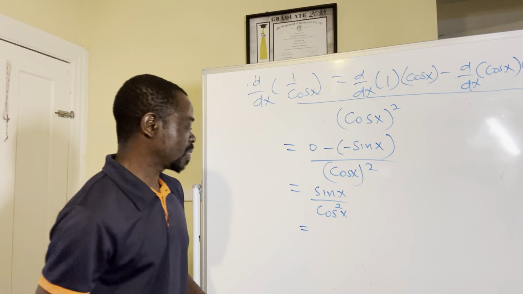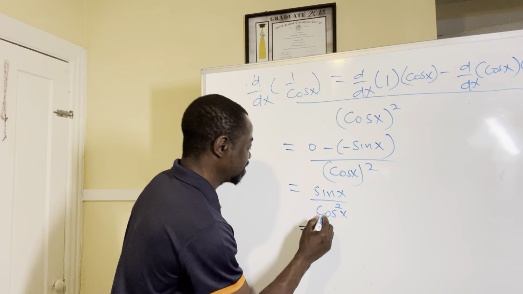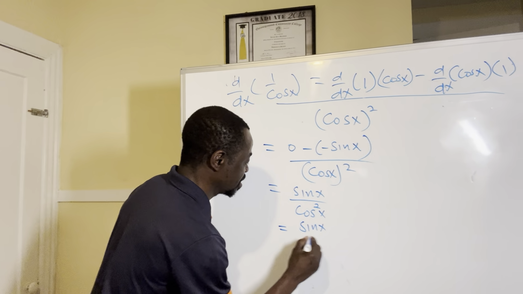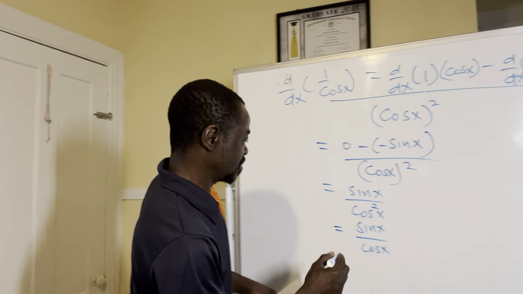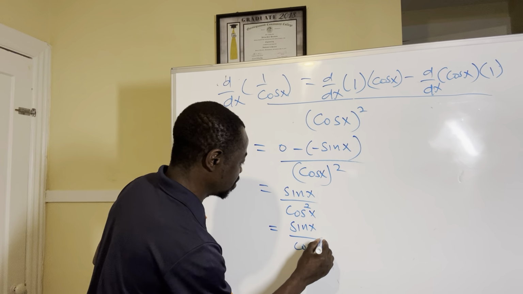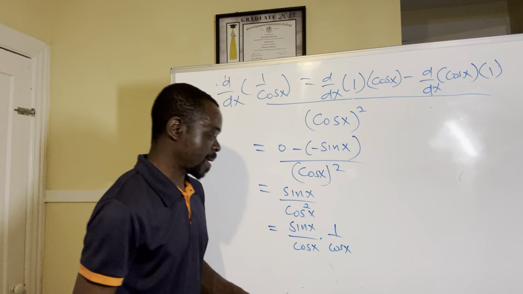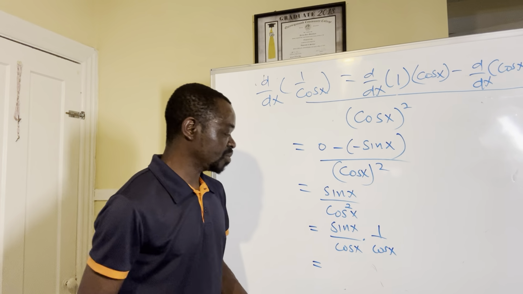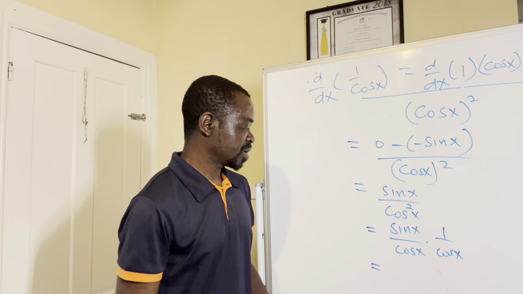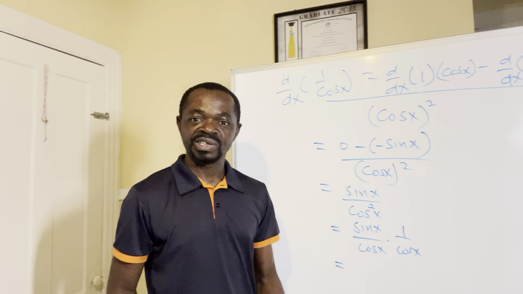So you can write it this way, expressing this as sine of x all over cos of x multiplied by 1 all over cos of x. So if you take 1 over cos x, that's going to give us sec x.